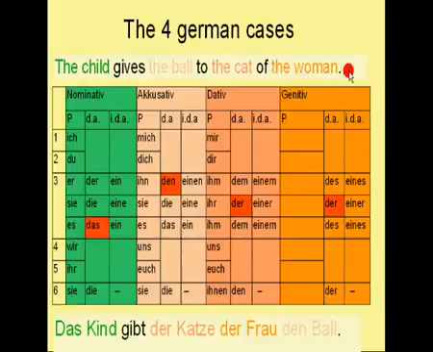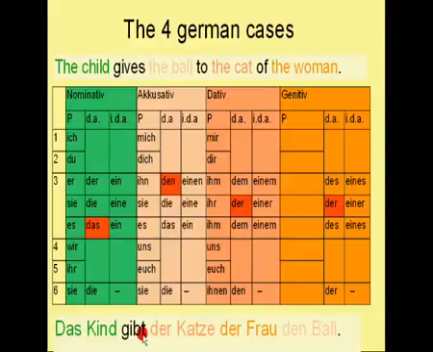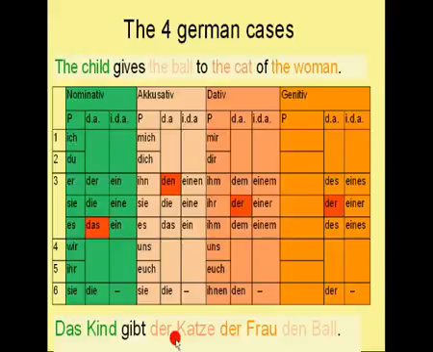So in this case the woman does not possess the child, so to speak, but she possesses the cat. And in German the word order would be like this: subject, then the verb, then the indirect object, the dative object, which is followed by the genitive case, and then the direct object. The sentence would read, das Kind gibt der Katze der Frau den Ball.